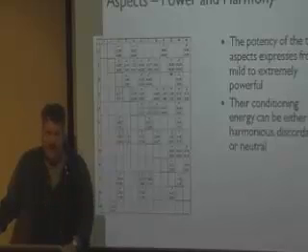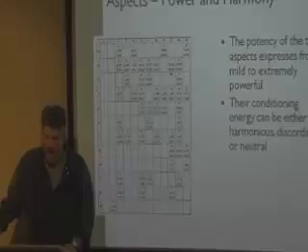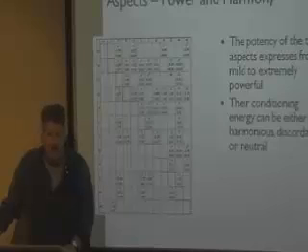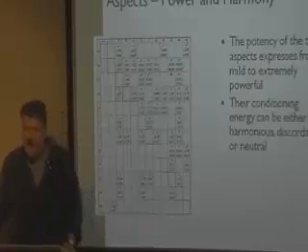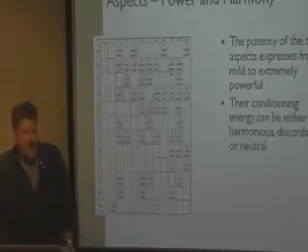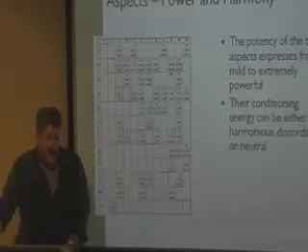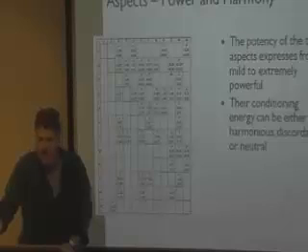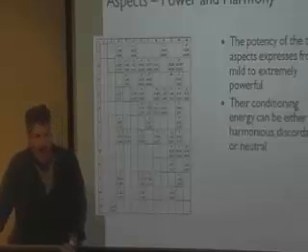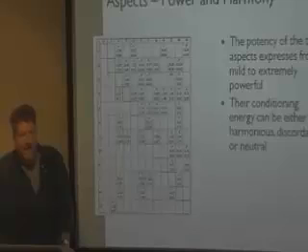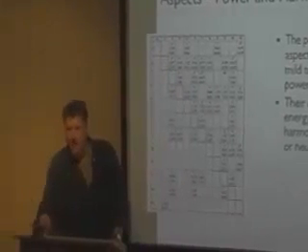Planets bring conditioning. Saturn, Venus and Jupiter bring harmony. Saturn and Mars bring discord, the rest are neutral. Signs add conditioning because through essential dignities, the planet falling in a sign can receive very slight amounts of harmony or discord, depending on whether that sign is a favorable or an unfavorable position.